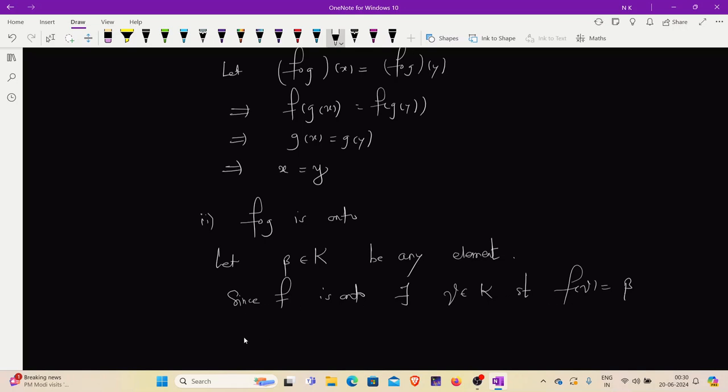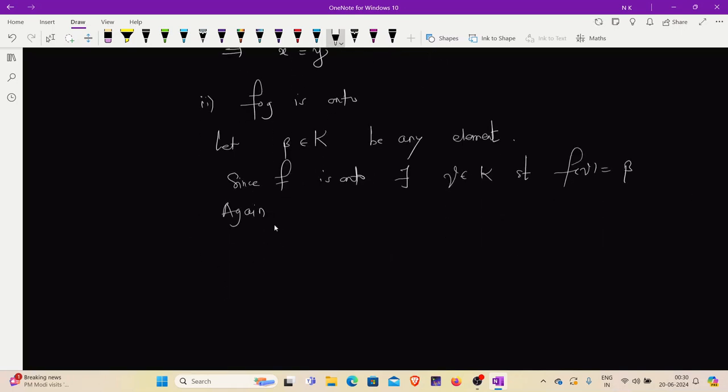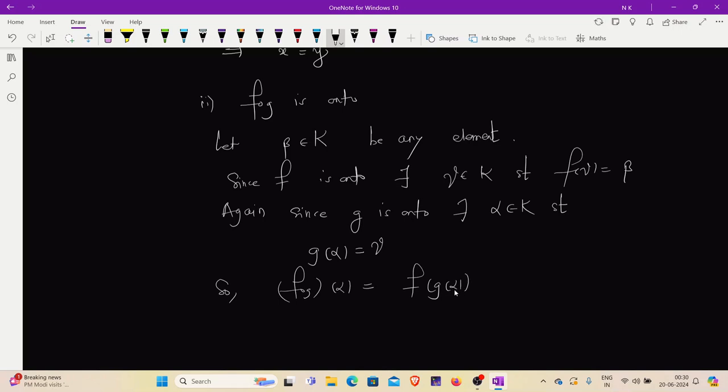So again, since g is onto, there exists alpha belongs to K such that g of alpha equals gamma. So what is f composite g of alpha? It is nothing but f of g of alpha, but g of alpha is gamma, so it is f of gamma, and f of gamma is nothing but beta, which is the taken element, right?